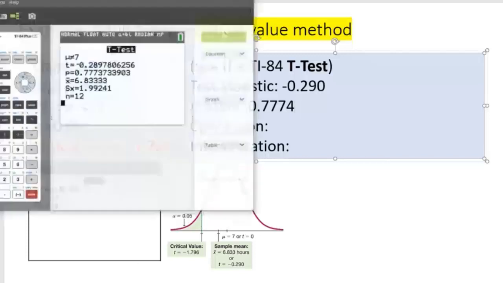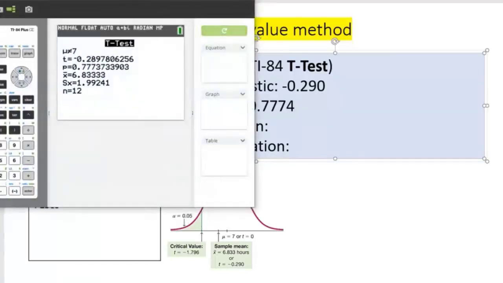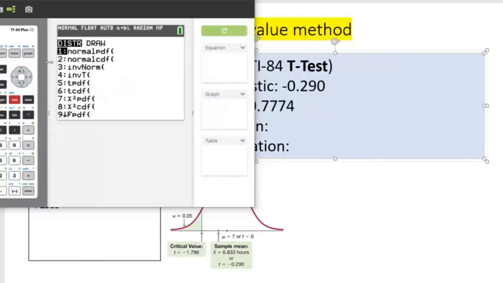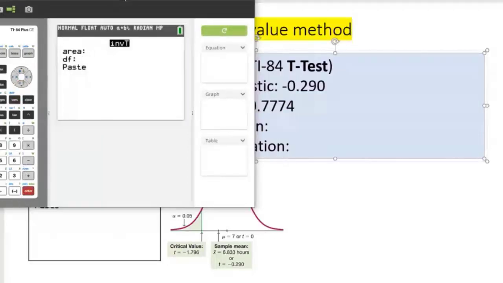So how do I get to inverse t? I'm going to quit this one and press 2nd, Vars, and inverse t is option number 4 right here. The area from the left, and inverse t always comes from the left, is 5%.